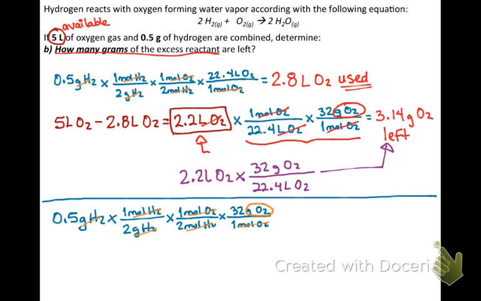So it will be 0.5 divided by 2 divided by 2 times 32, and we have 4 grams of oxygen that will be used.